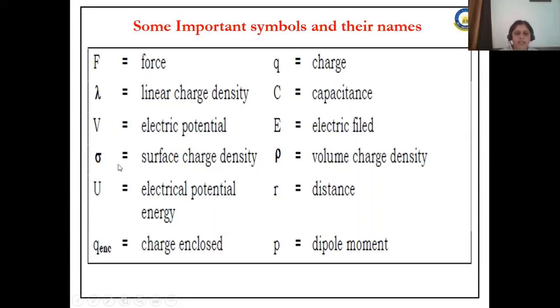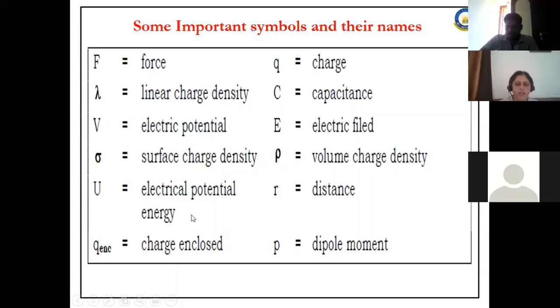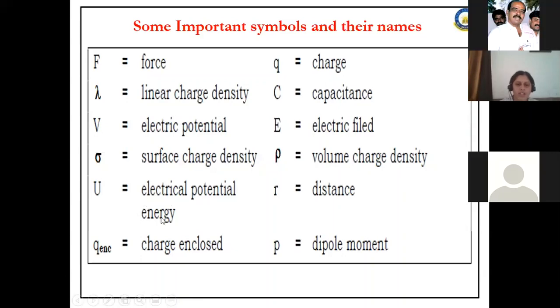Sigma is surface charge density and rho is volume charge density. U is denoted for electric potential energy. R gives the distance, and Q enclosed means charge enclosed by a surface. Then P denotes the dipole moment.